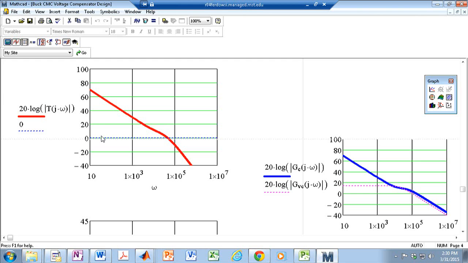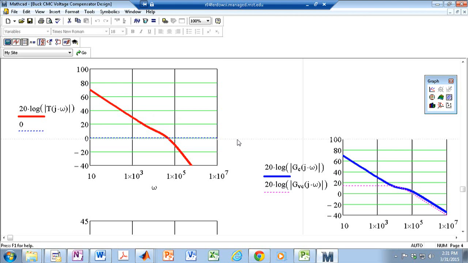One is that your gain should be very high or almost infinite at low frequencies, meaning that you want to eliminate the steady state error. The other thing is your switching frequency is somewhere around here. You have to make sure you have a significant amount of attenuation at the switching frequency, which we have. Make sure your loop gain doesn't cross 0 dB several times. It's better to just cross it once.